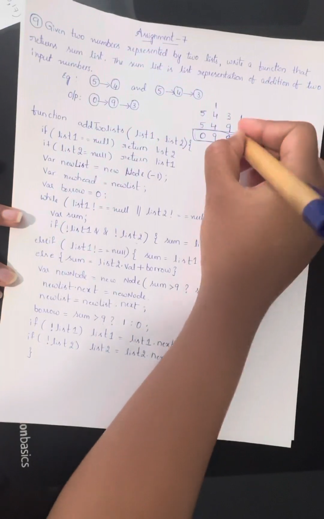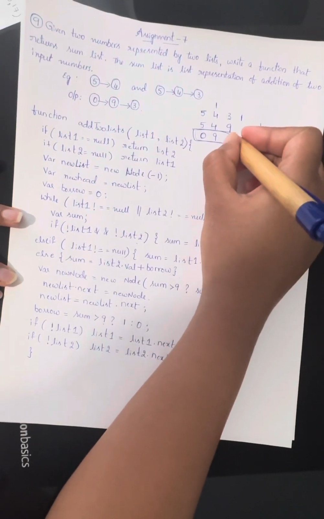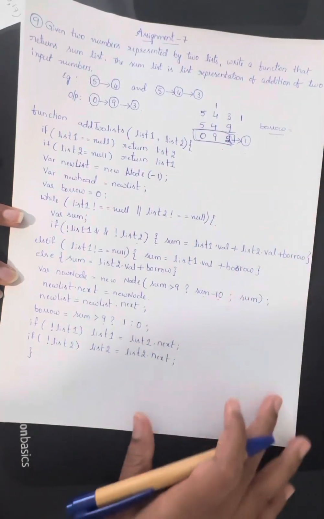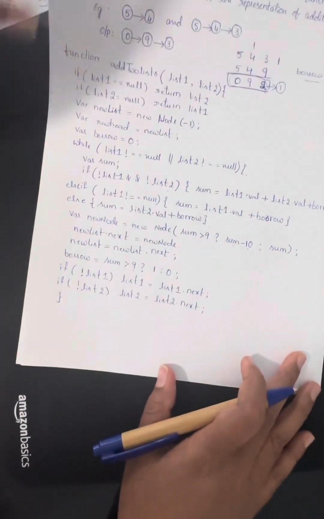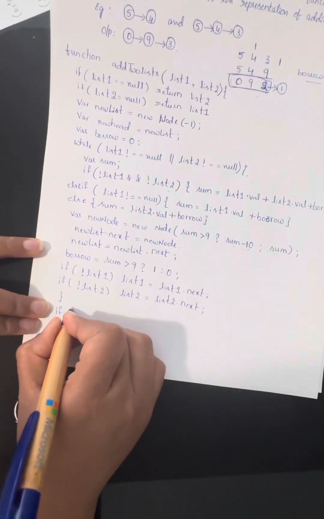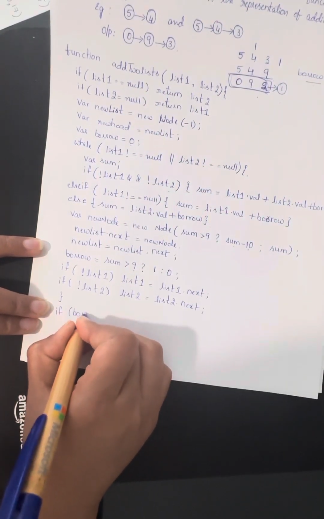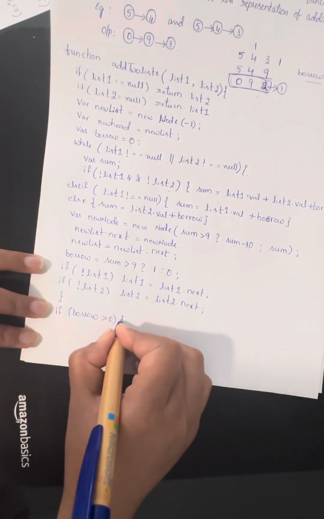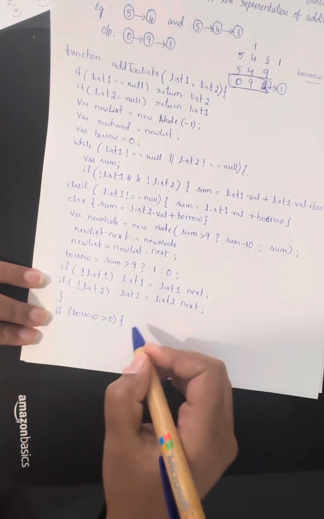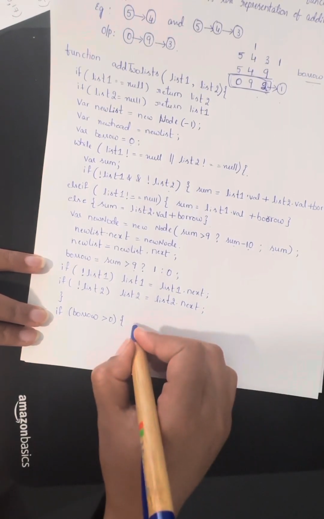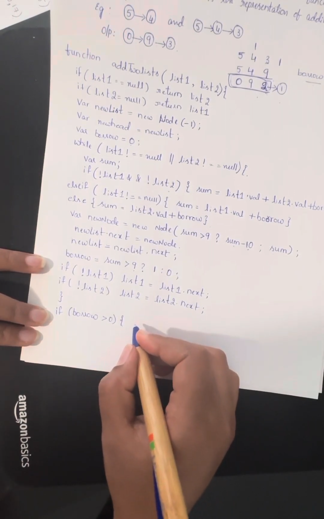So we'll have one more node after these 2, which is equal to the borrow. For that reason, after this while loop we need to check if borrow is greater than 0. If it is, then we need to create a new node and add it to the new list.